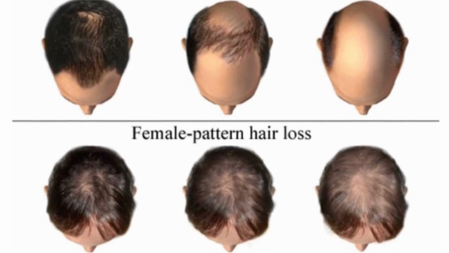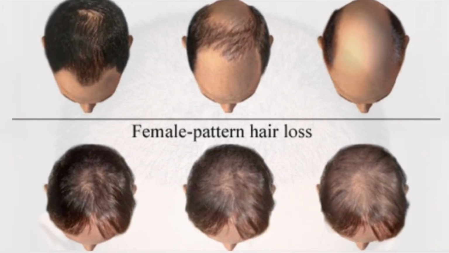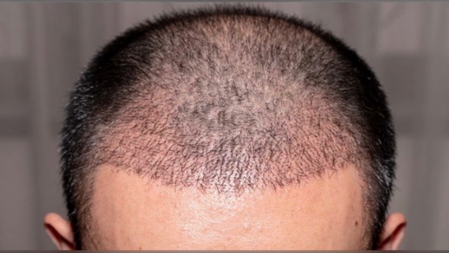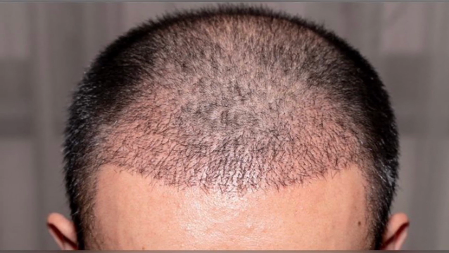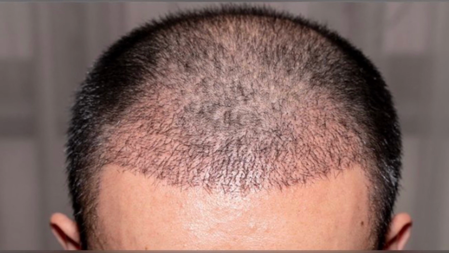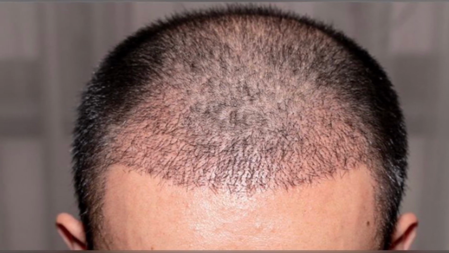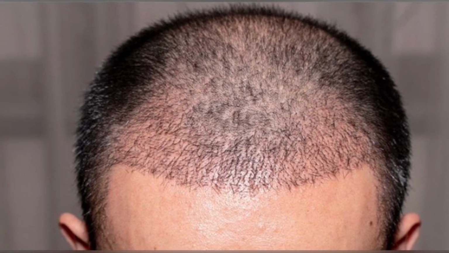Androgenic alopecia can begin as early as the teens. Alopecia is premature and is frequently seen by the age of 40. Almost 40% of men and women show some degree of hair loss by age 35. In men, androgenic alopecia is known as male pattern baldness.